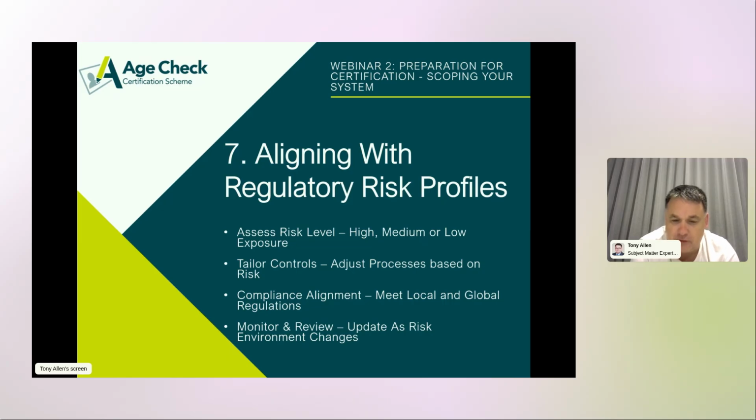There's a part of the process that you need to understand in relation to how you align your service with the regulatory risk profiles that apply in individual jurisdictions. Some have them, some don't. Some require particular tailored controls. So they may require that certain things have to happen in those jurisdictions. And so, if you look at particularly across the United States, you might find that there are particular types of age assurance method that are permitted and particular types that aren't.